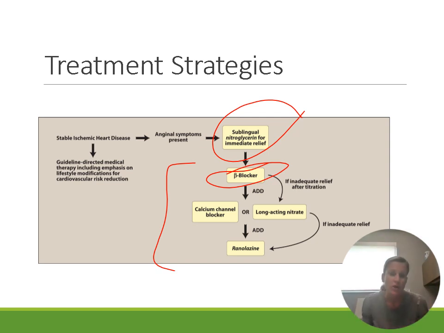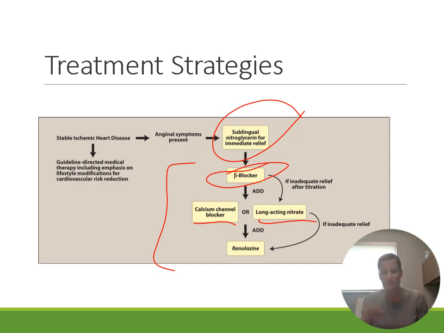So a beta blocker is what we typically will give first. You give the beta blocker, you're going to titrate it to the maximum tolerated dose. If that is not effective after titration, if it's not good enough, then you can add either a calcium channel blocker or you can add a long-acting nitrate.